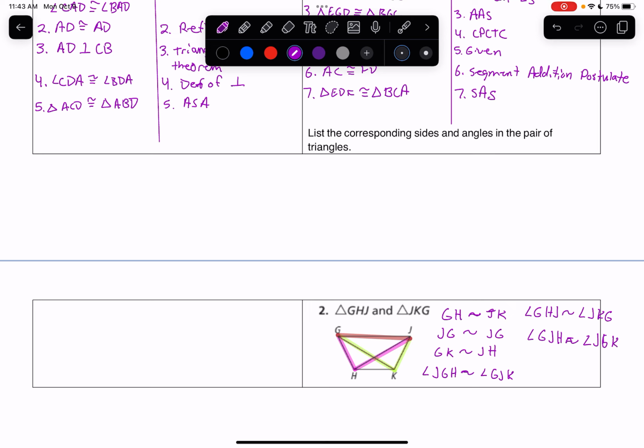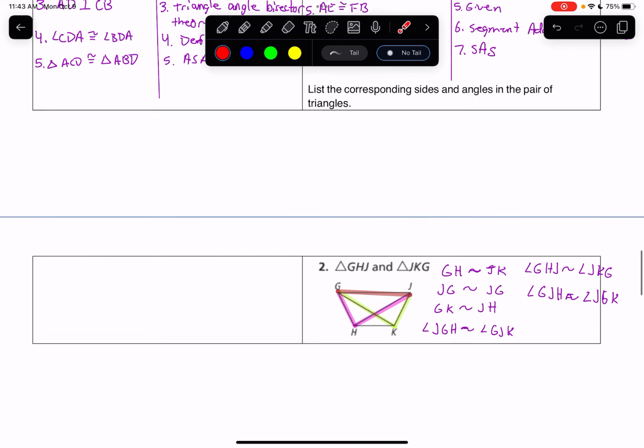So what that means is that if I prove that these two triangles are congruent through whatever means necessary and whatever information that I'm given, all of these congruencies will be true. So GH would be congruent to JK, JG would be congruent to itself, GK would be congruent to JH, and so on and so forth.